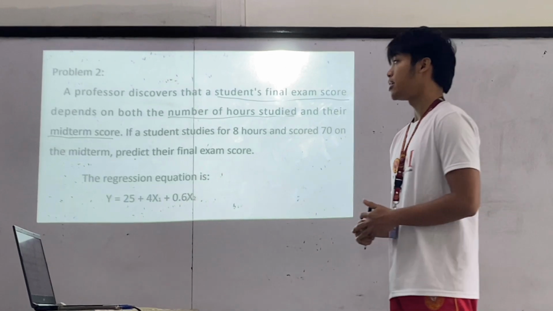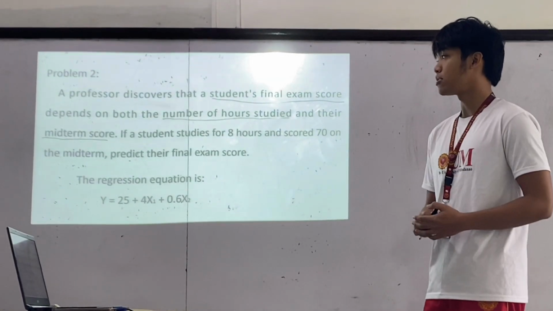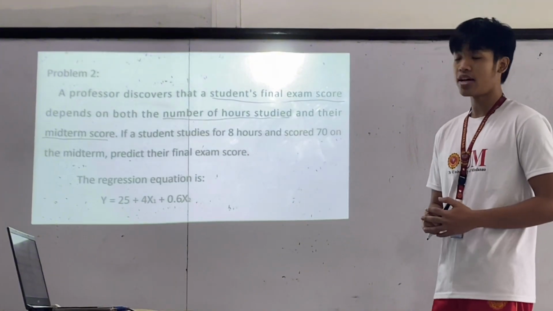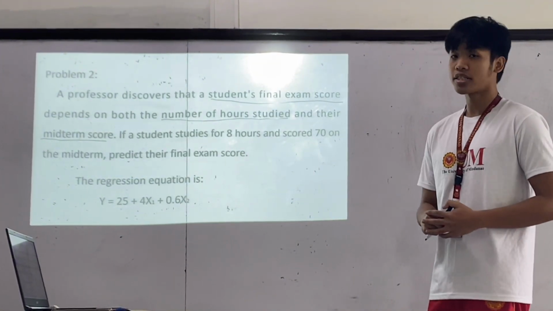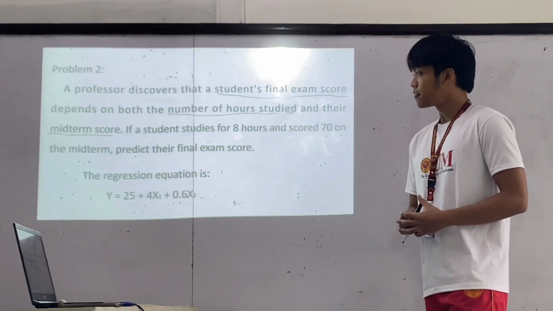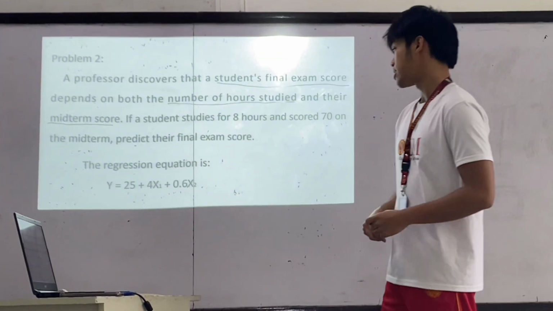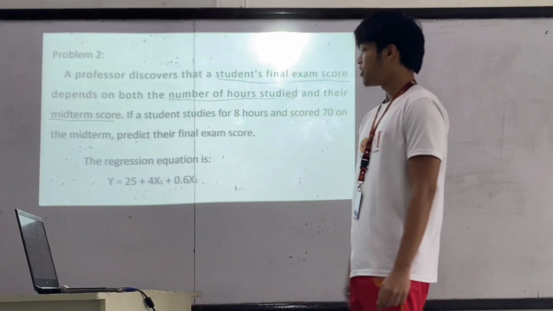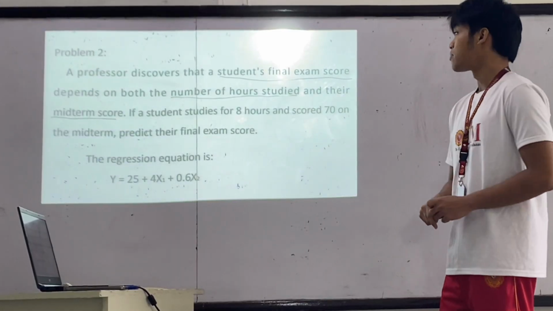The problem states that a professor discovers that the students' final exam score depends on both the number of hours studied and their midterm score. So if a student studies for 8 hours and scores 70 on the midterm, predict their final exam score. The regression equation is y equals 25 plus 4x sub 1 plus 0.6x sub 2.